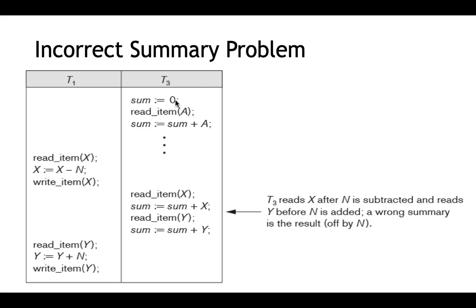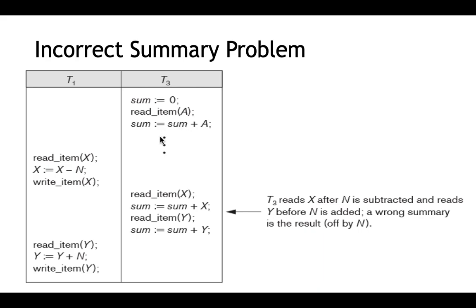When such an addition happens, the bank needs to suspend its transactions. We'll see why. Say it has set the global variable sum to 0, account A is being read, the balance in account A is being added to sum, and similarly all account balances are getting added to sum, and finally sum should contain the whole balance of that particular bank.